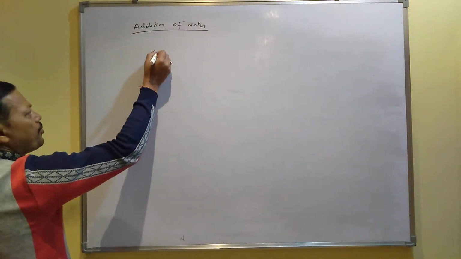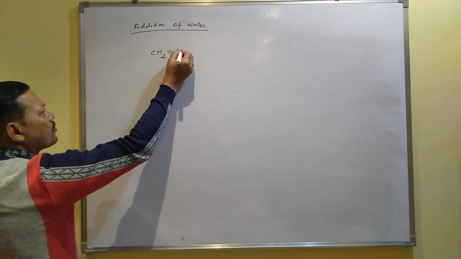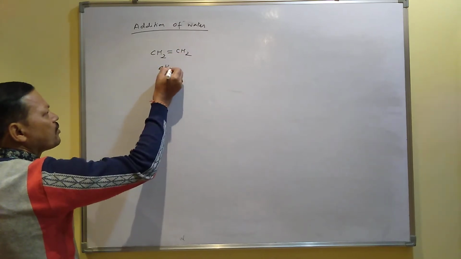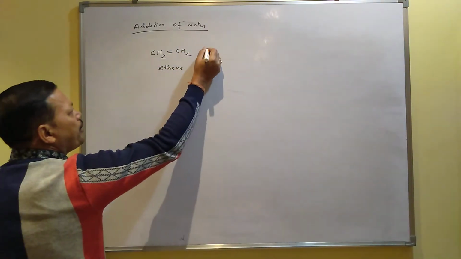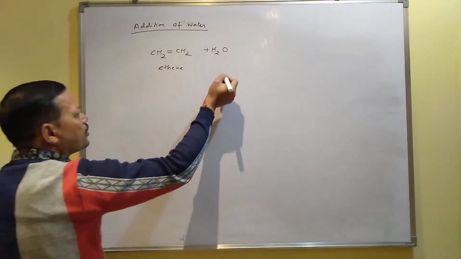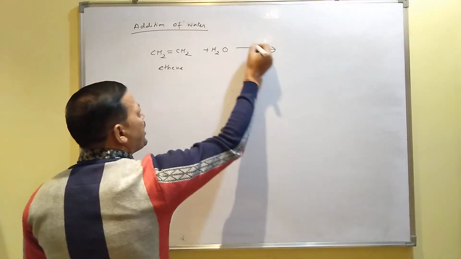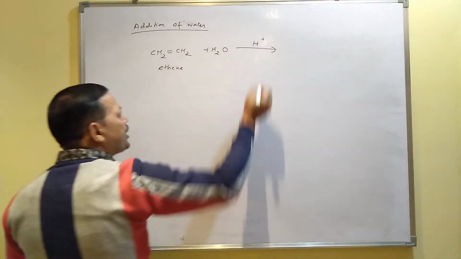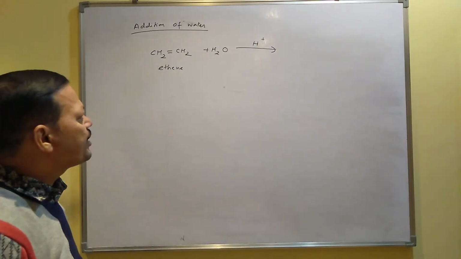So this is one of the alkene, ethene. When we add water in presence of some acid, represented by the symbol H plus ion, H plus means the acid.